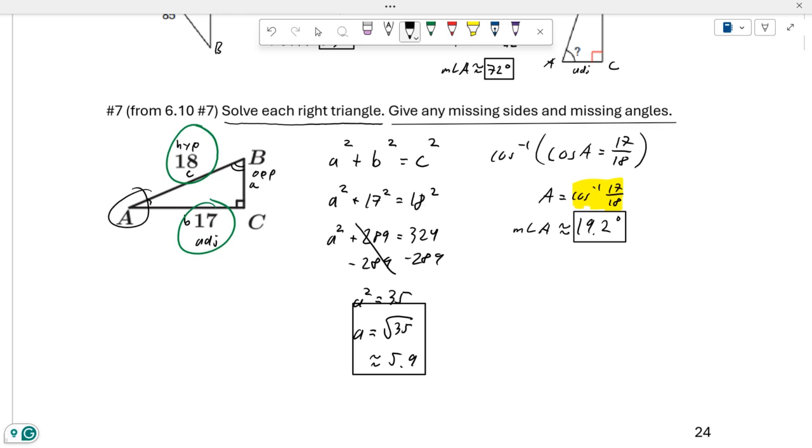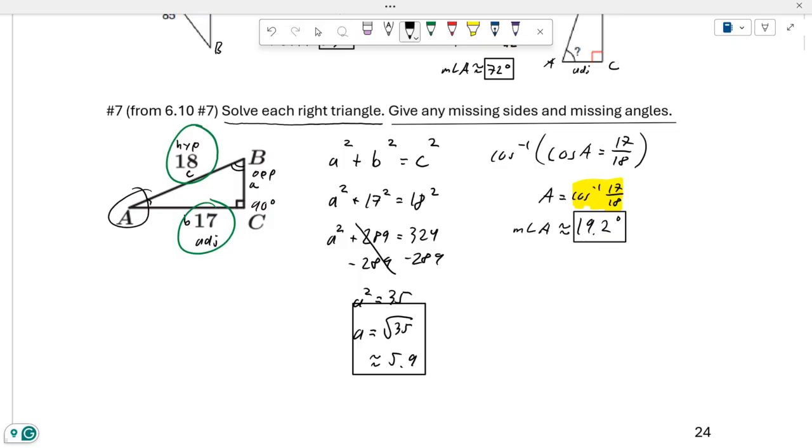Now, to get the measure of angle B, I could use trig again, or I could just recognize that the sum of the angles of a triangle is 180. Because angle C is 90, and because I've solved for angle A, I can pretty easily, without even using trig, solve for B using the fact that all three angles sum to 180.